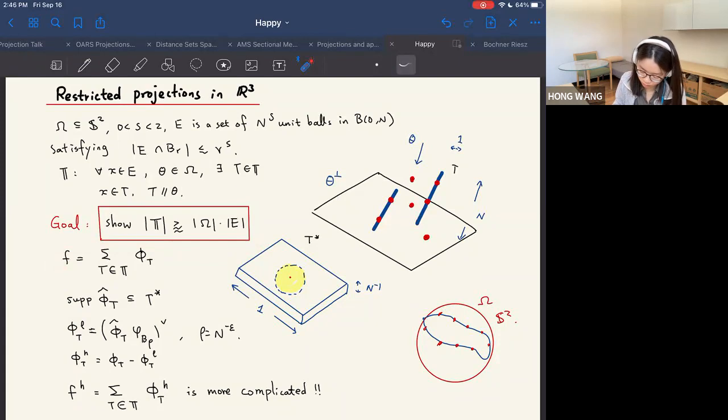So F is a sum over some smooth bump functions phi T on T, and then the Fourier transform of phi T is essentially supported on T star, but the difference is that this time T star will be a 1 over n neighborhood of a plane slab. So T star will be like a 1 over n neighborhood of a 2-dimensional plane.